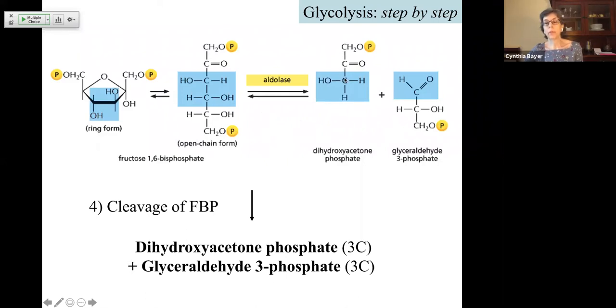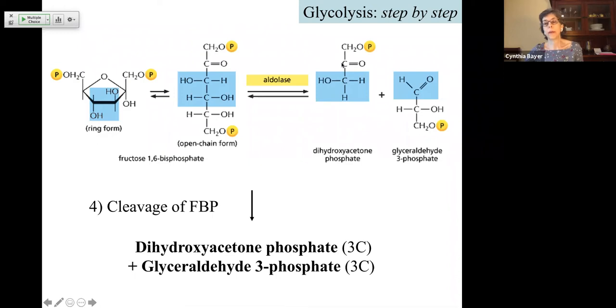There's carbon 1, 2, 3, this is dihydroxyacetone phosphate, and there's carbon 4, 5, and 6 make up our second 3-carbon sugar. Both of these are phosphorylated triose sugars, the smallest type of sugar that exists, a 3-carbon sugar.